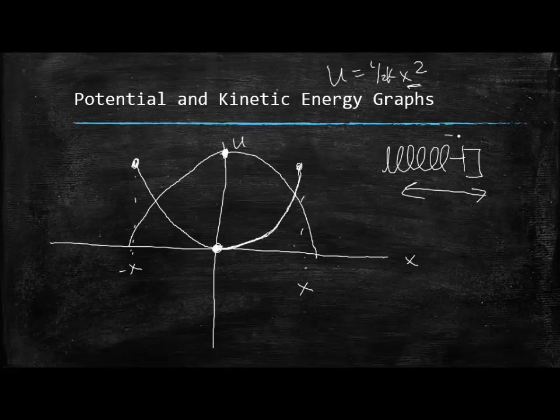When I stretch this block out and let it go, when it comes back through the center, that's when it has lost all of its potential energy and has gained all of its kinetic. So this graph here would be the graph for potential energy, and this graph here would be the graph for kinetic.